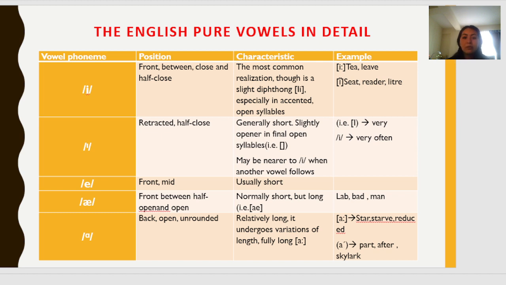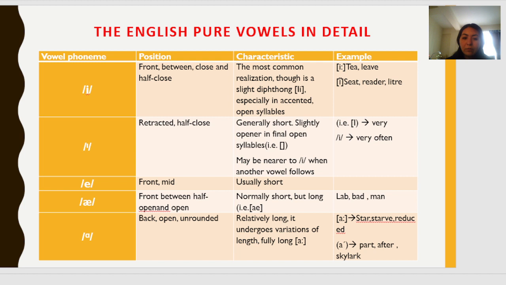The next is in the position retracted half closed. Characteristic: generally short, slightly opener in final open syllables, maybe nearer to another sound when another vowel follows. Example, very and very often.